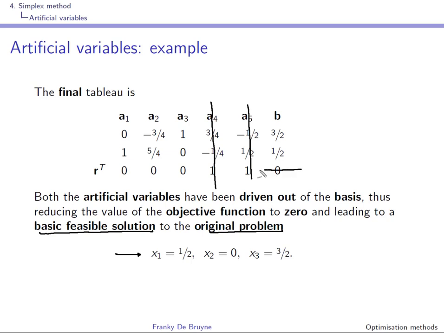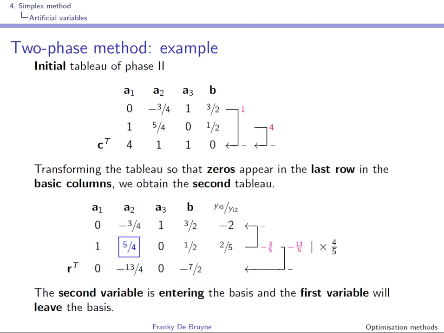We'll also remove the last line because it's related to this artificial cost, and we'll introduce the cost of the original problem. So here 4, 1, 1 and a 0 over here. And this is how we obtain the initial tableau of phase 2, right?